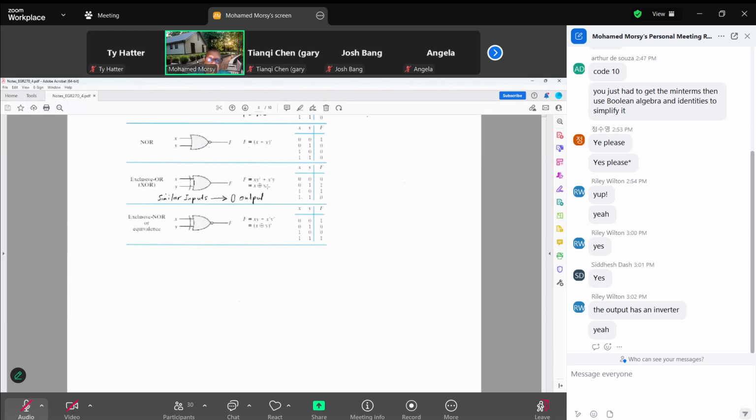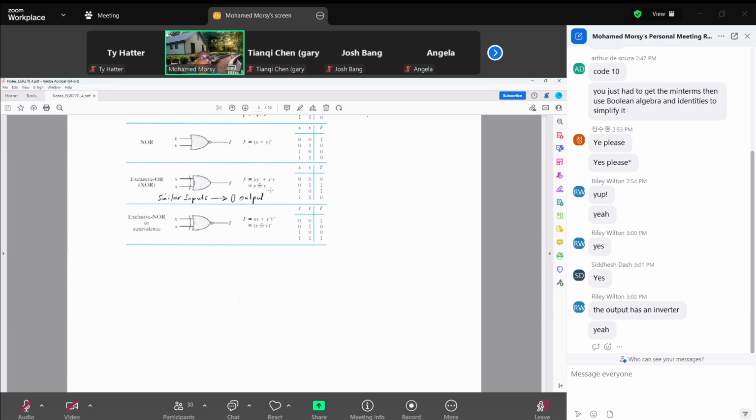What is this expression equal to? X exclusive OR Y equals X Y inverted plus X inverted Y.